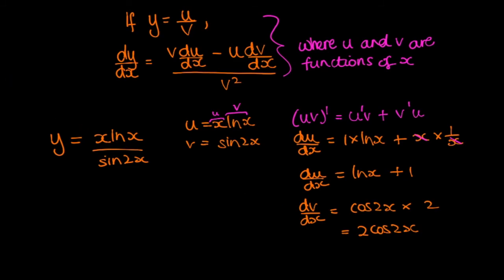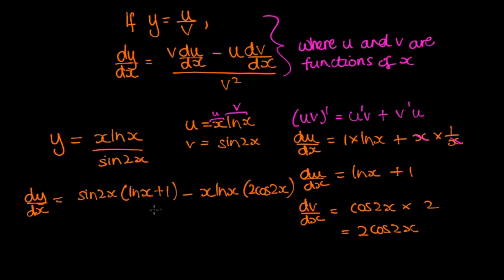Now plugging these back into the formula, we're going to have dy by dx equal to v times du by dx, so sine 2x times (ln x plus 1). And then we're subtracting u, which is x ln x, multiplied by 2 cosine 2x. And we're dividing by v squared, which is sine squared 2x.